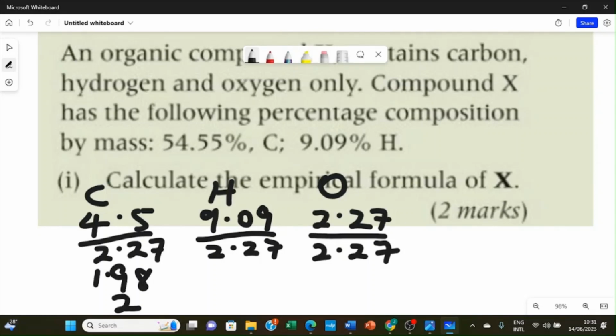And then 9.09 divided by 2.27, which is 4. 2.27 divided by 2.27 is 1. So we have the ratio of what? The ratio of carbon, hydrogen, and oxygen is 2:4:1.